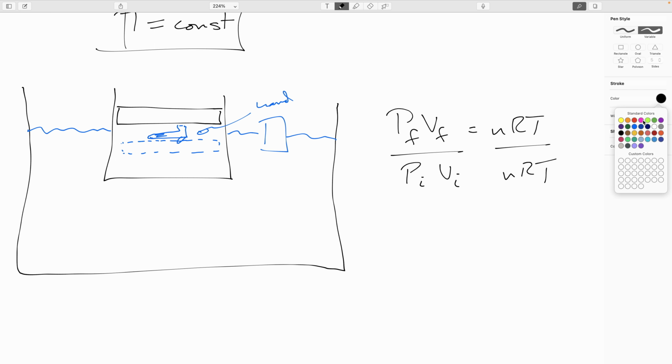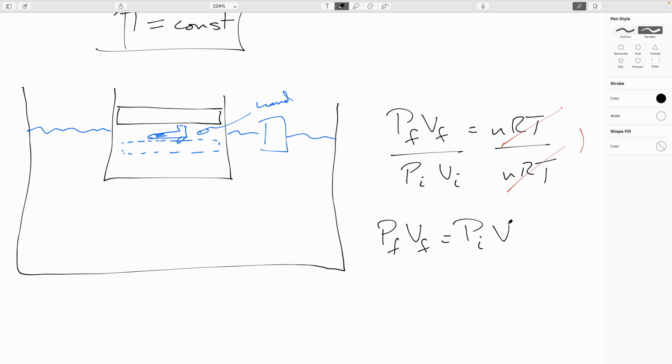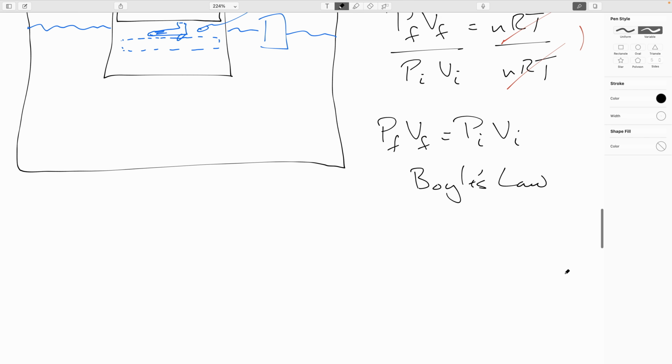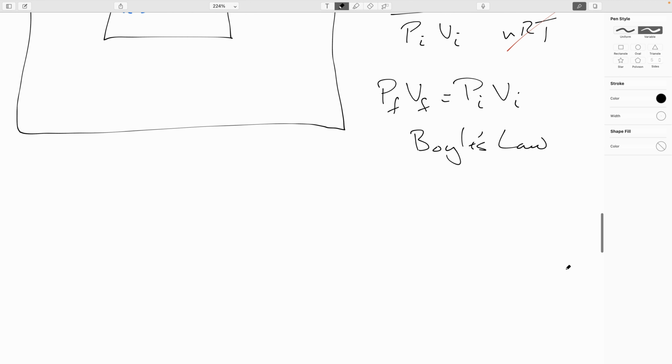Well, the n's and the R's and the T's will all cancel. This is just going to be 1. So usually we rewrite this as P final V final equals P initial V initial, and this is Boyle's law. So what would this process look like?